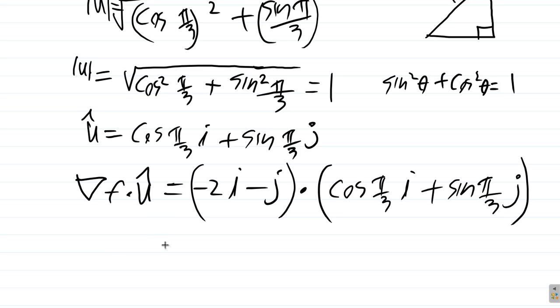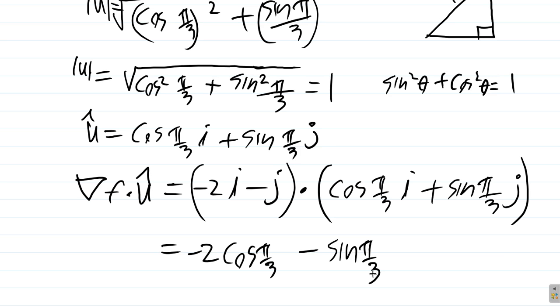The dot product of that now will be negative 2 times cos(π/3), minus 1 times sin(π/3).